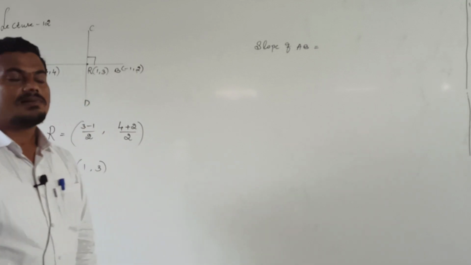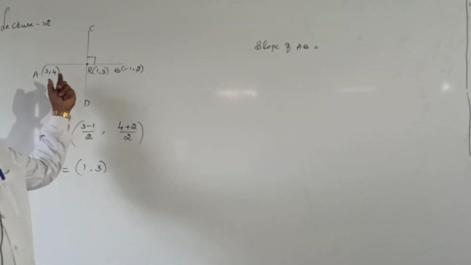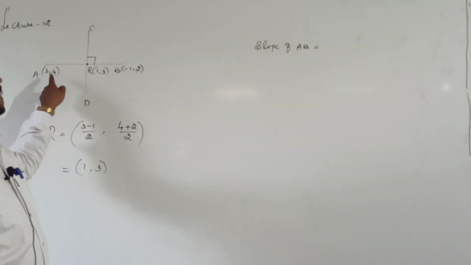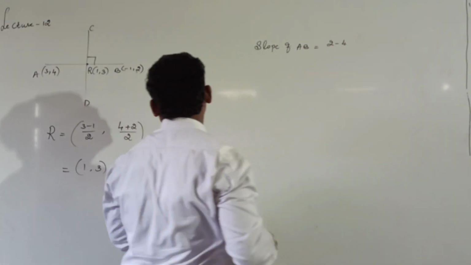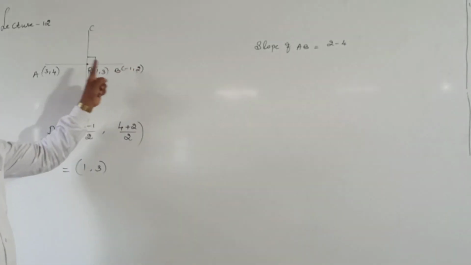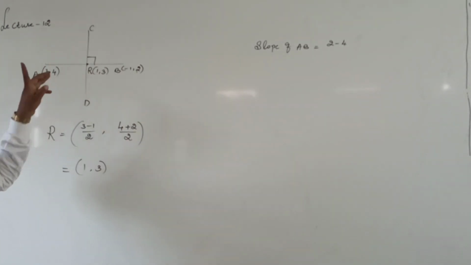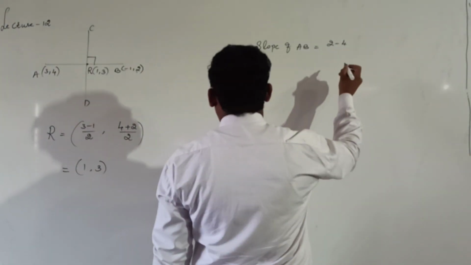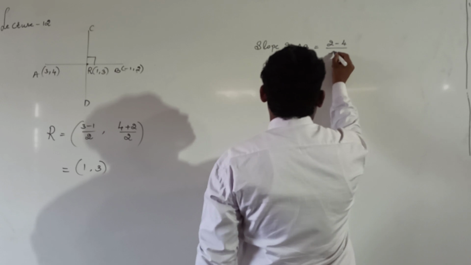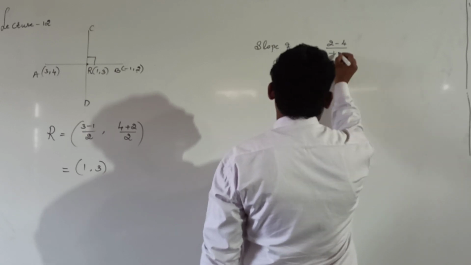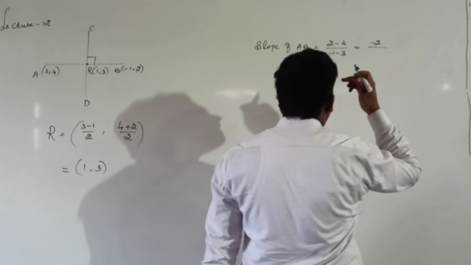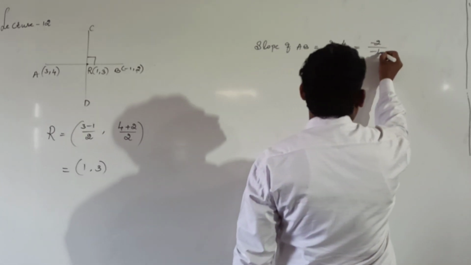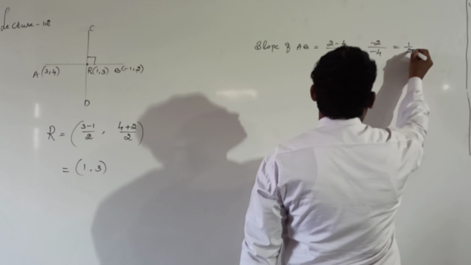Slope of AB is equal to, using the 2-point formula, y2 minus y1 divided by x2 minus x1, that is 2 minus 4. What is x2 here? Minus 1. What is x1 here? Minus 3. That's equal to minus 2 divided by minus 4, right? That's equal to plus 1 by 2.